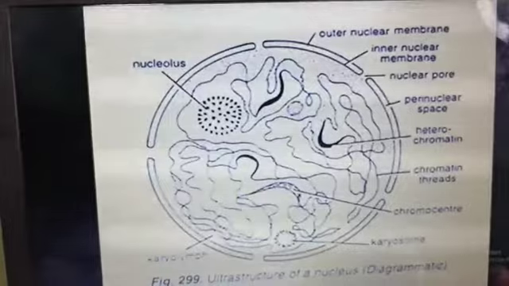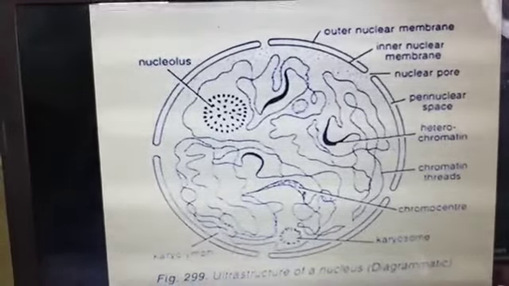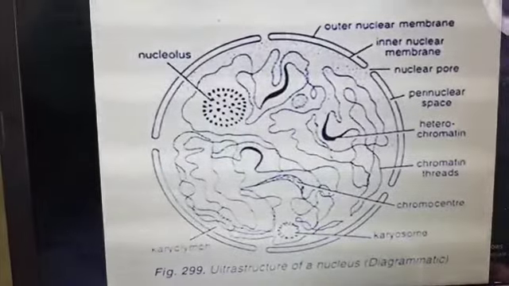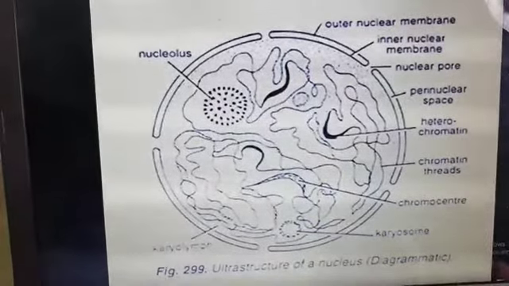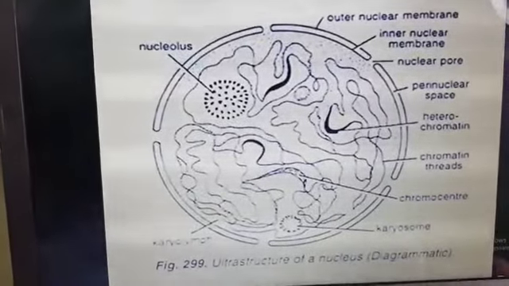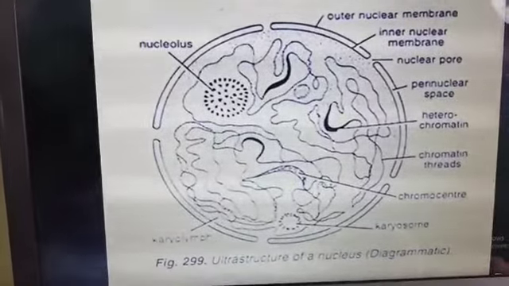Now the nucleoplasm makes up the body of the nucleus, and after that there is the chromosome.